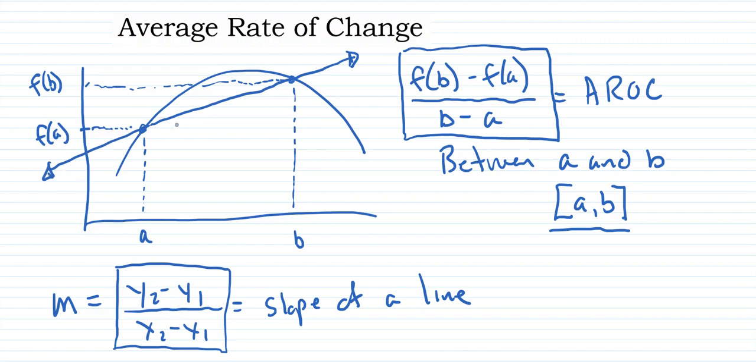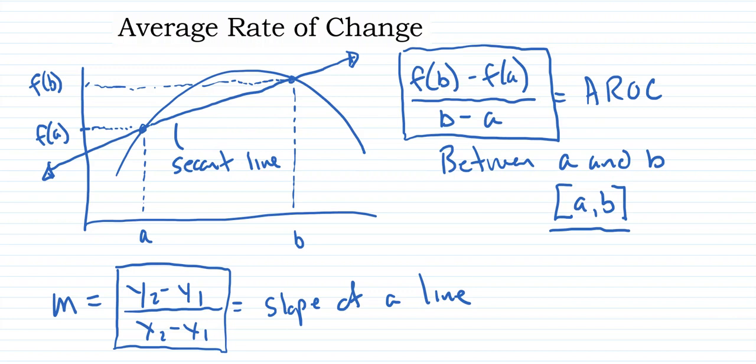So this is what is called a secant line. Secant line simply means between 2 points. So the slope formula gives us the slope of the secant line between A and B, and the average rate of change formula gives us the average rate of change.